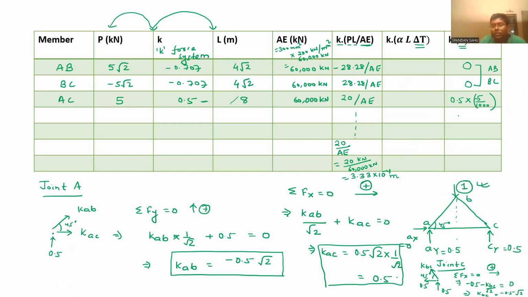So when you add up all these things, you will get 0.5 into minus 5 by 1000. So minus 2.5 into 10 power minus 3 meters. Now, coming to the temperature case.